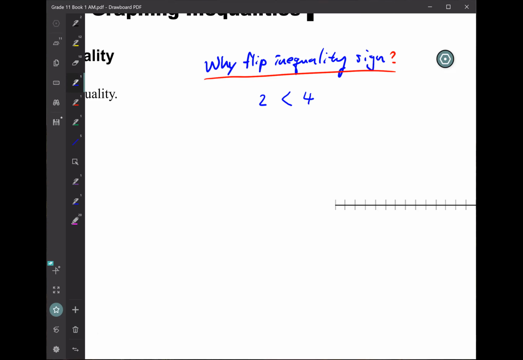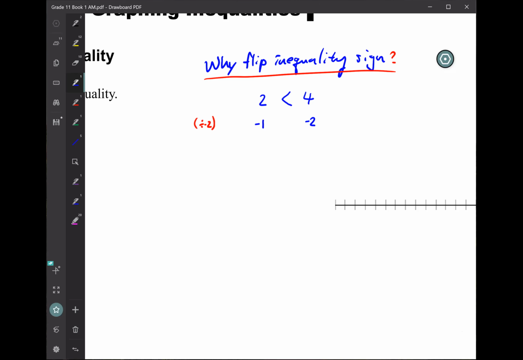So the rule said if we divide both sides by a negative, then we need to flip it, okay? So let's say I divide both sides by -2. So 2 divided by -2 becomes -1, right? 4 divided by -2 is -2.